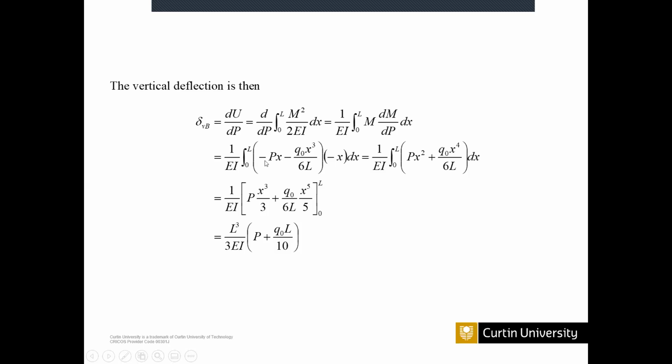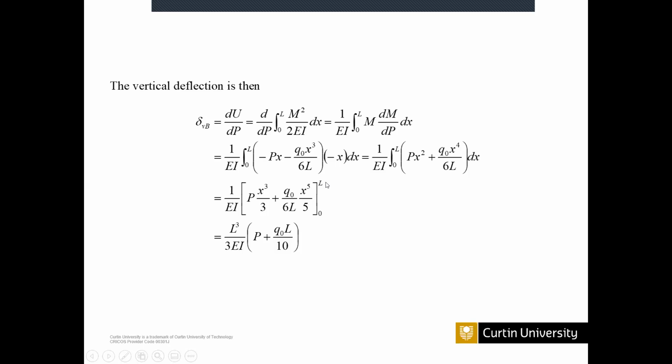So you can expand this one. So minus and minus, it will be plus P x squared, and this will also be plus q naught s to the power 4 divided by 6L, and then you can integrate this one. When you integrate s squared, it will be s cubed divided by 3, and this one will be s to the power 5 divided by 5.